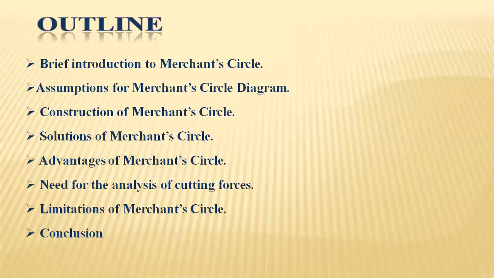So briefly, we will be discussing the detailed outline of this Merchant circle diagram. The scientist Merchant introduced this concept for identifying the various cutting forces required in each and every machining process, indeed to get perfect dimensional accuracies over the machining processes. So the contact between the tool and work part should be in what way?